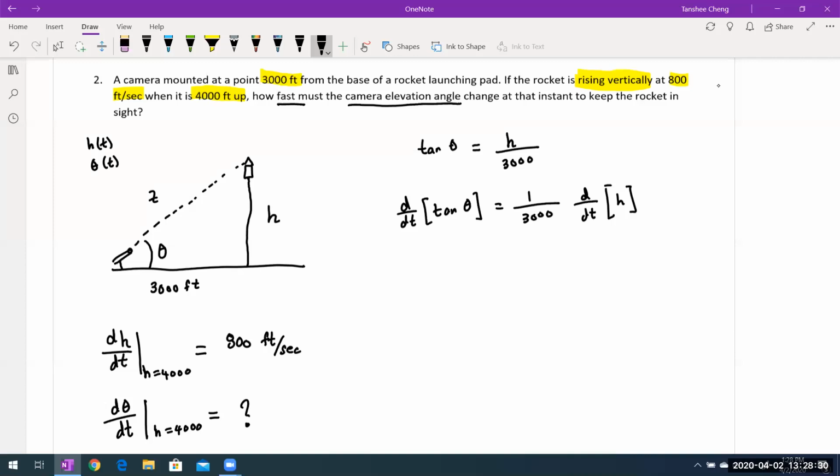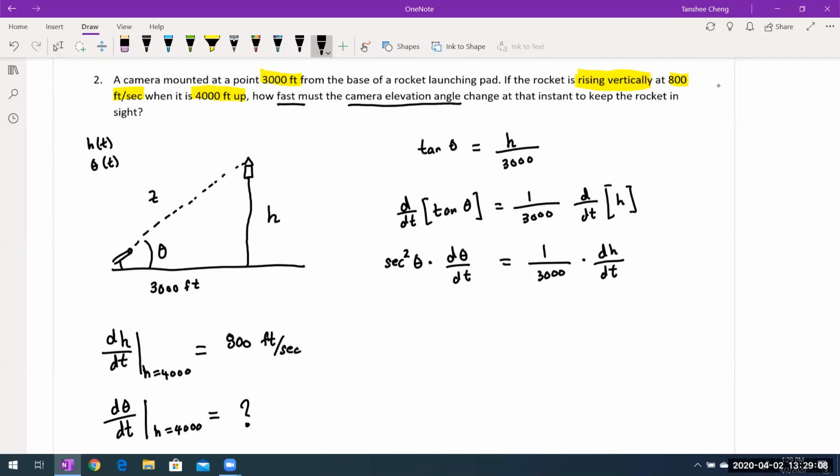So tan θ is a composition of functions: the outside function is tangent, and the inside function is θ. When I take the derivative of tangent, that gives me sec² θ times the derivative of the inside function, which is dθ/dt, something we are looking for, equal to 1 over 3,000 times dh/dt.